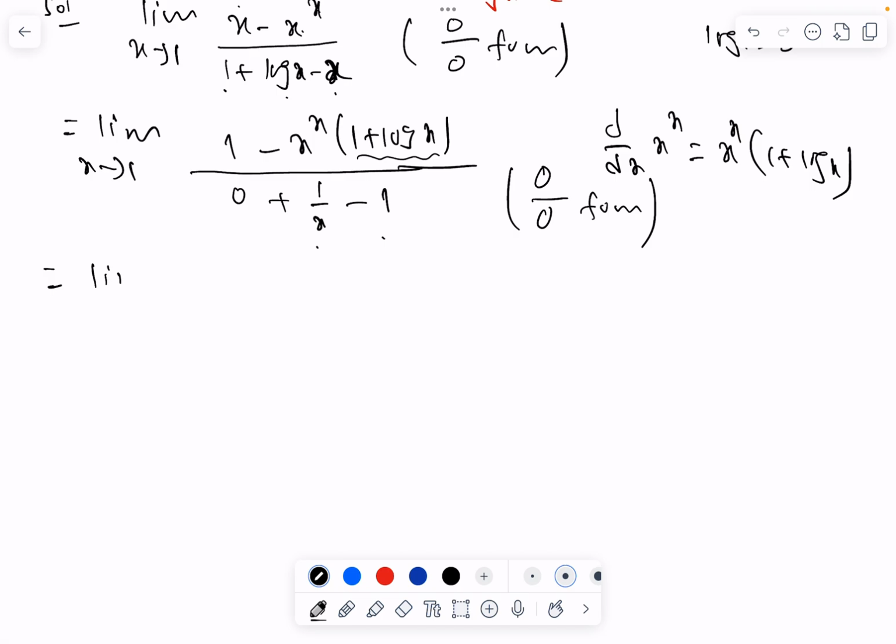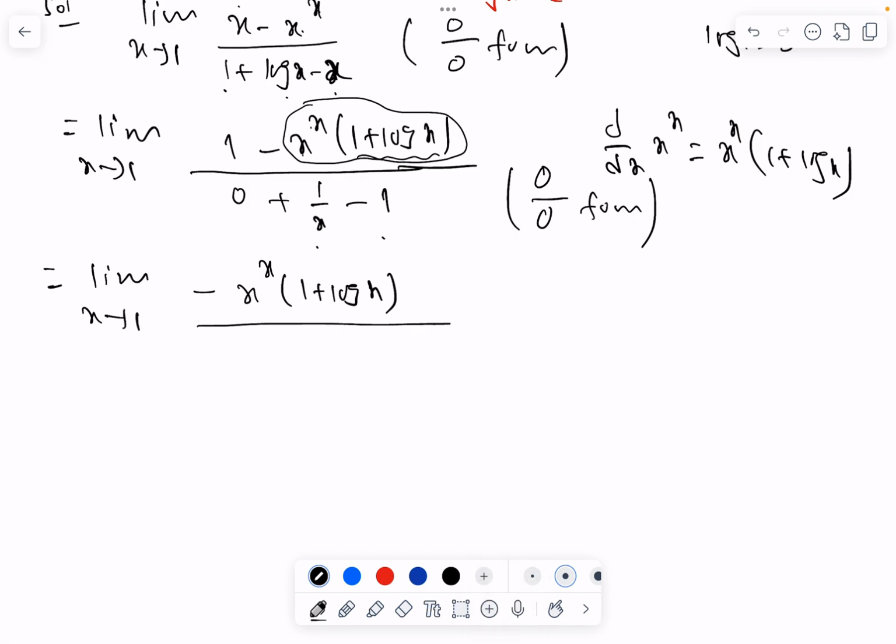So this is equal to the limit as x tends to 1. Now the derivative of 1 is 0. So this is minus. Now this is a product, so we need to apply the product rule. Let us take the derivative of x^x and keep (1 plus log x) as it is. The derivative of x^x is x^x into (1 plus log x). Already (1 plus log x) is there, so this is (1 plus log x) square.